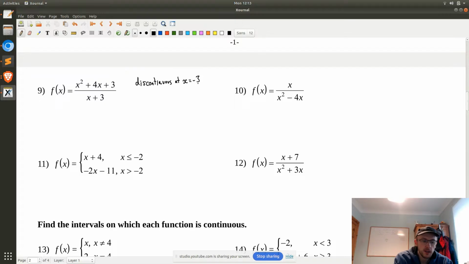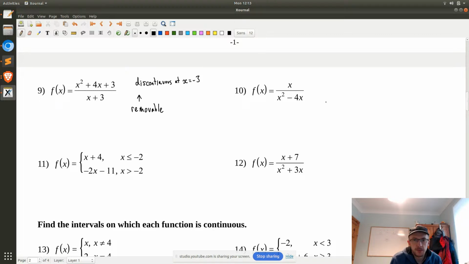Because we can cancel the x + 3 on the top and the bottom, it will behave like x - 1, except at -3 it will have a hole. So that one is a removable discontinuity.